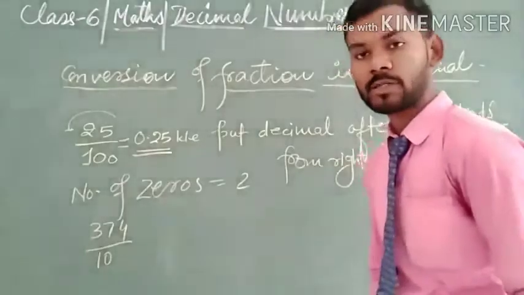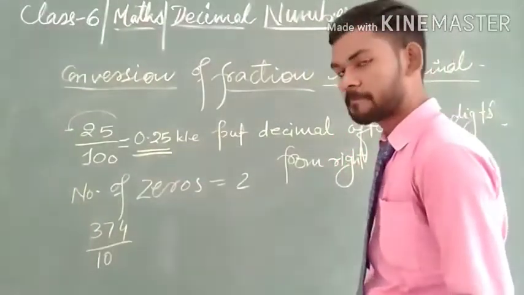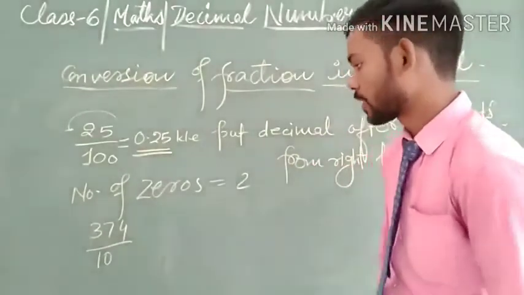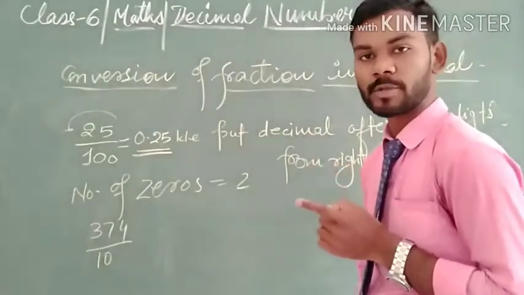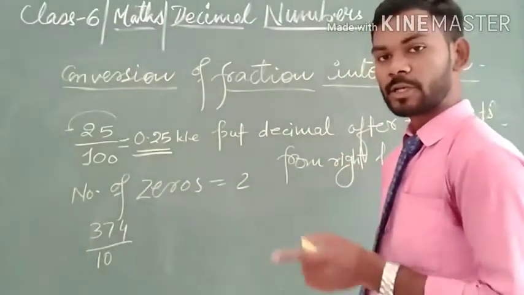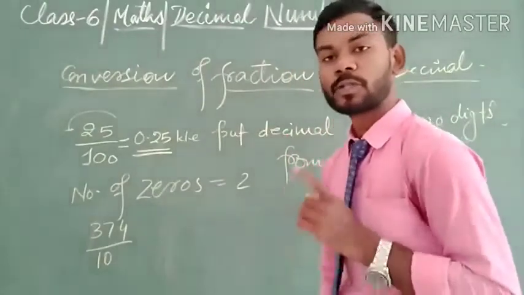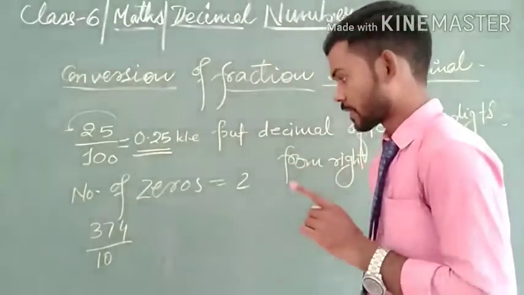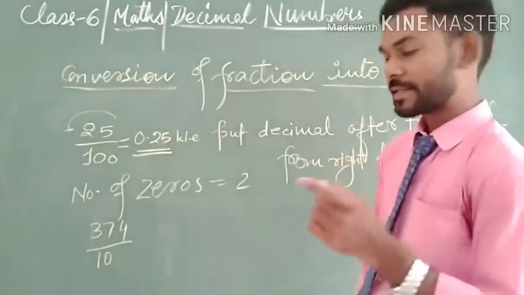Here we have a number 374 upon 10, and we have to change it into the decimal number. For this, we shall find out the number of 0s in the denominator. So here in the denominator the number of 0s is 1, which shows that we have to place the decimal after one digit from right hand side.